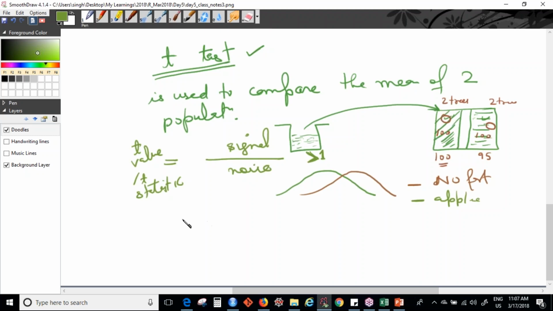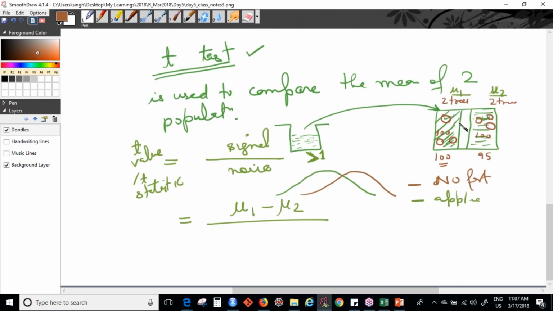So how will you find the signal? We find the signal by just subtracting the means: mu1 minus mu2. Let's say this is mu1 and this is mu2. Mu1 and mu2 are the average yield of different samples that you have taken. You cannot just take one sample and decide, right? You will take 2-3 samples.